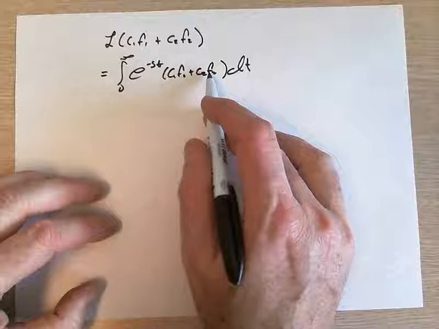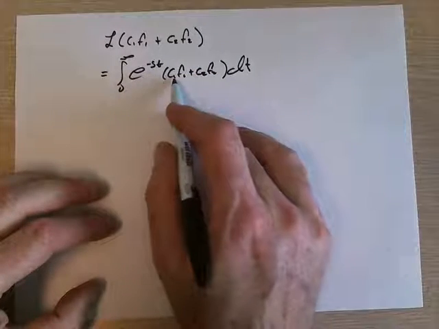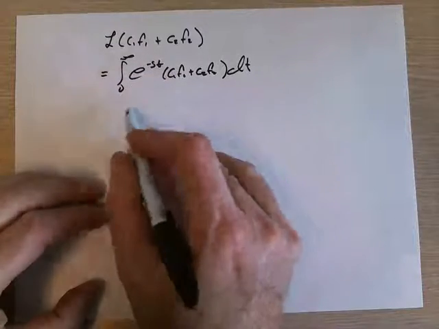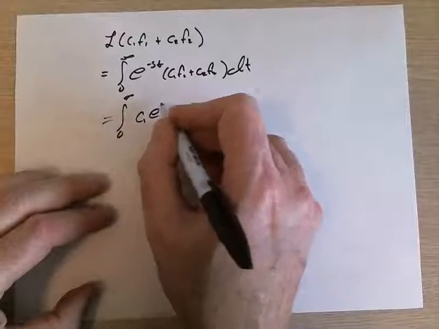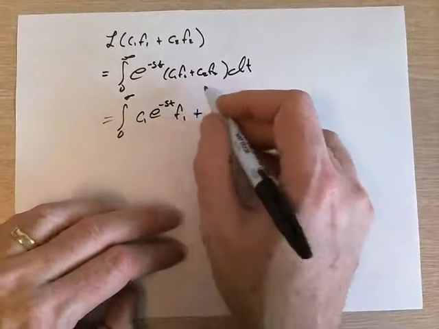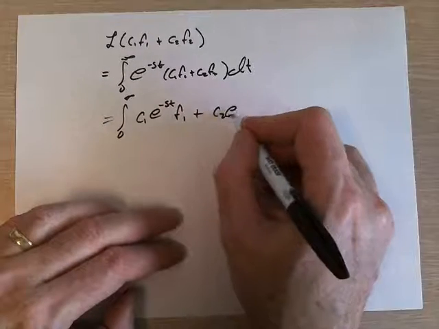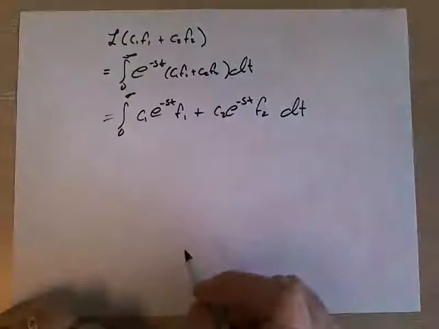You have the commutativity of multiplication, so when I multiply this times c1 f1, I can write those in any order I want. So I got the integral from 0 to infinity. I'm going to write it as c1 e to the minus st times f1 plus, and again, this times that, c2 e to the minus st times f2 dt.